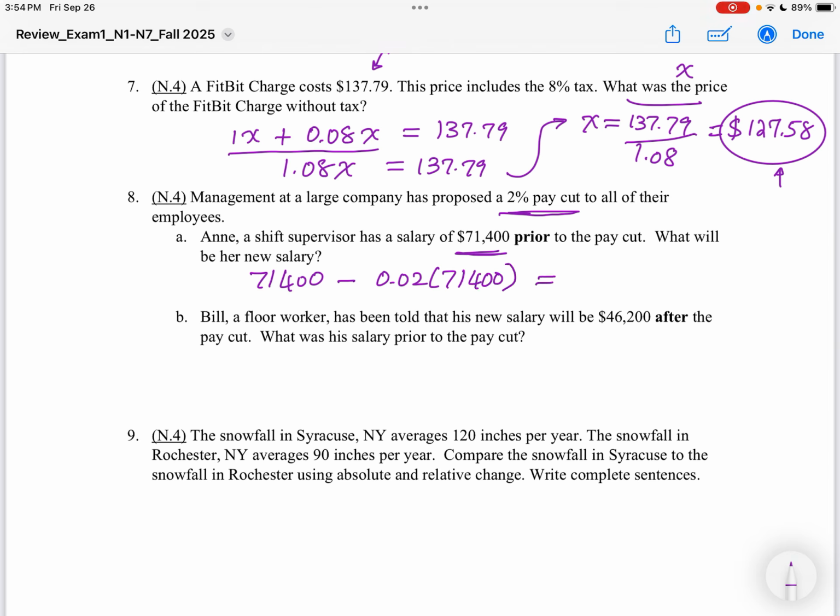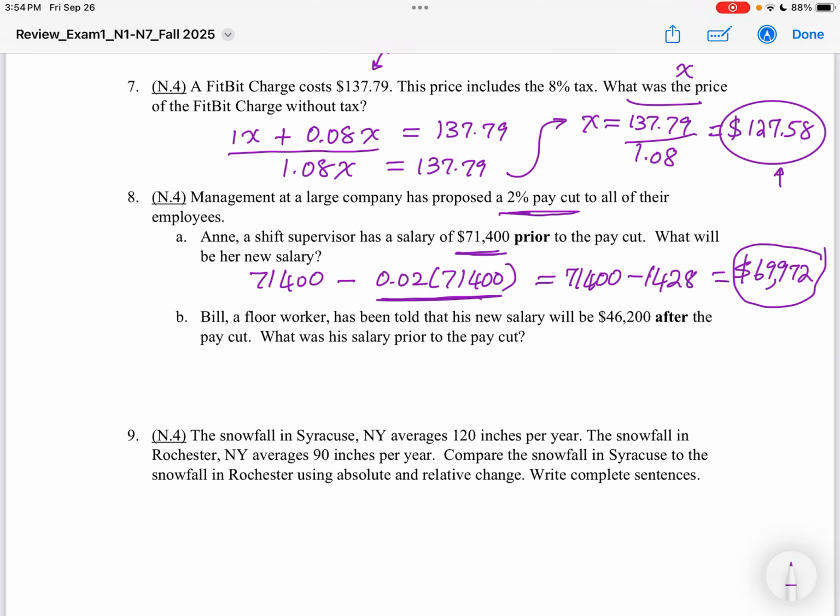So simply direct problem, figure out what this is by finding 2% of her salary. This amount, if you put this in your calculator, you should get 1,428. And then when you subtract, she's getting a pay cut. Her salary is now down to $69,972.